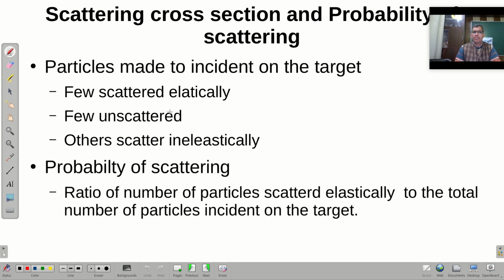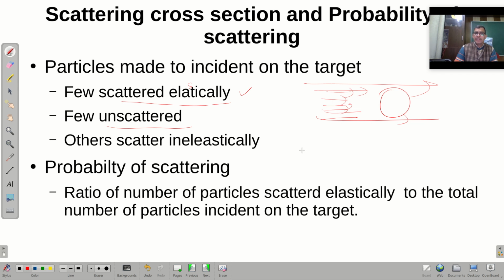Then let me talk about what scattering cross section is and what the probability of scattering is. What will happen when we send some particles, a flux of particles, to be incident over the target? A few particles are scattered elastically, and a few remain unscattered, that is, a few particles will go like this, and other particles will scatter inelastically.